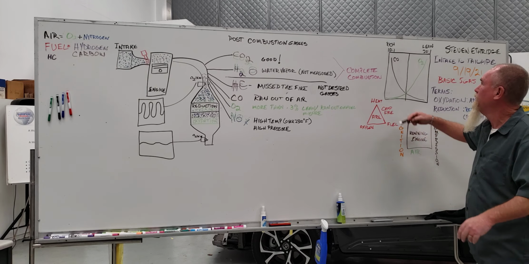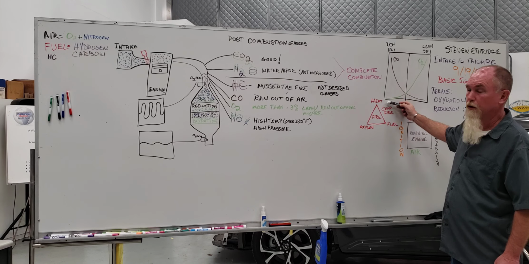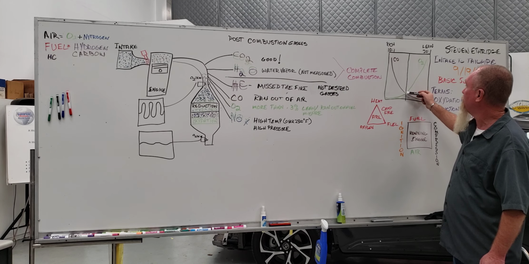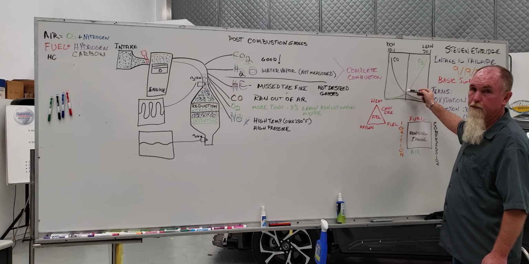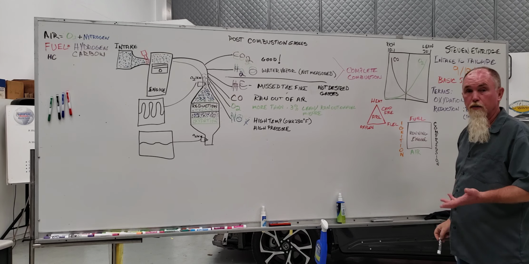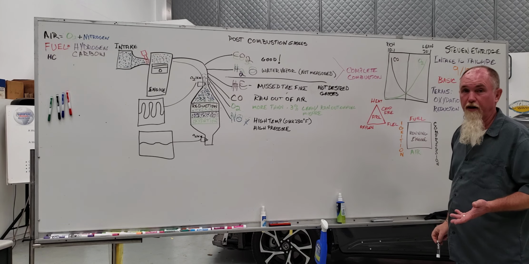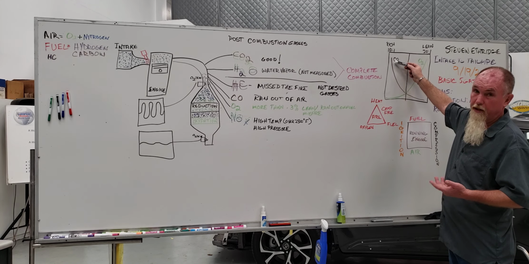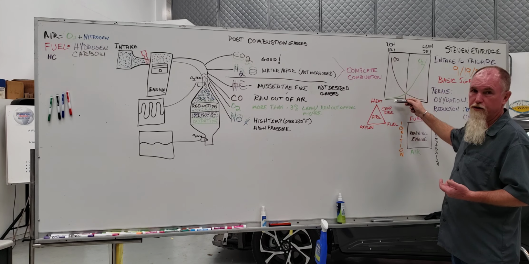And you can see the O2, if you're very, very rich, all the oxygen would have been consumed. But as you get to the point where you're at stoichiometric, both of these gases cross at a point. From there, you go very, very lean as you get leaner and leaner, which means that you had plenty of oxygen but not enough fuel. In this case, you've got plenty of fuel but not enough oxygen.